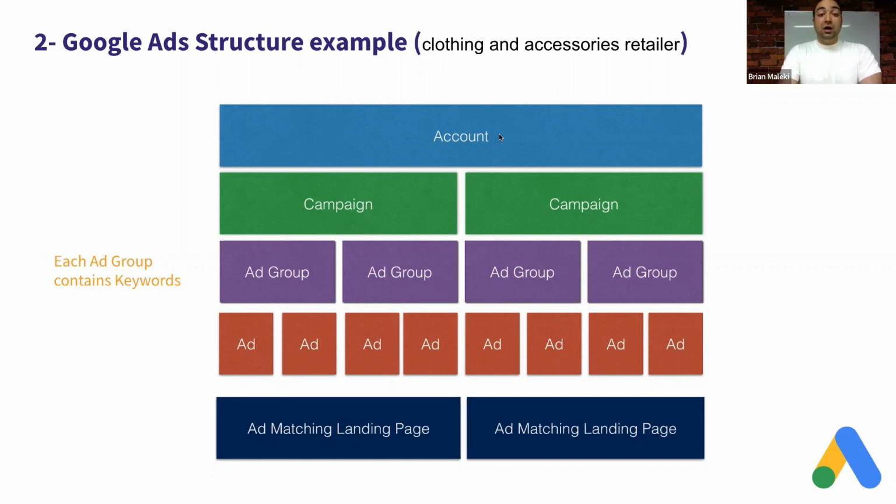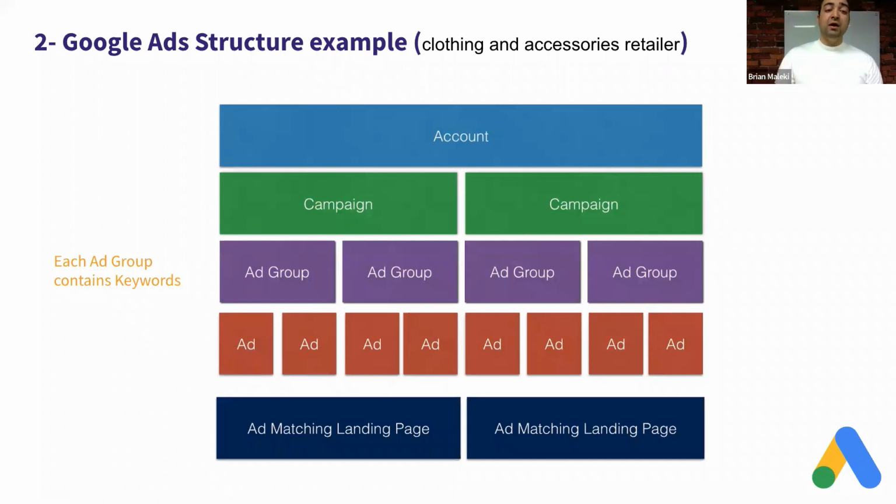When you want to open the Google Ads dashboard, you're going to get one unique ad account number, ID. So this is for you. And whenever you want to call customer support at Google, the first question is, what is your ad account ID? Under each ad account, you can create multiple campaigns. And I told you for each campaign, we can only have one goal, one objective.